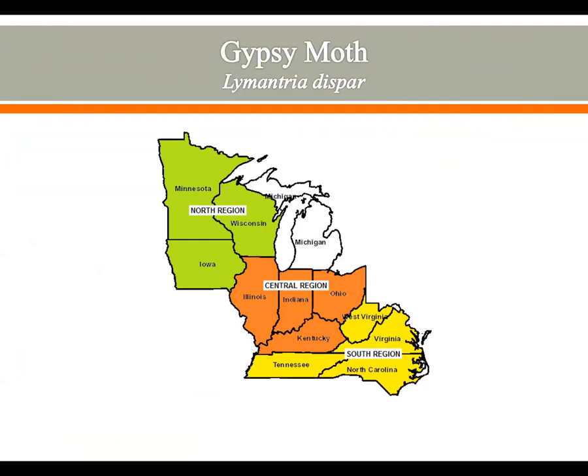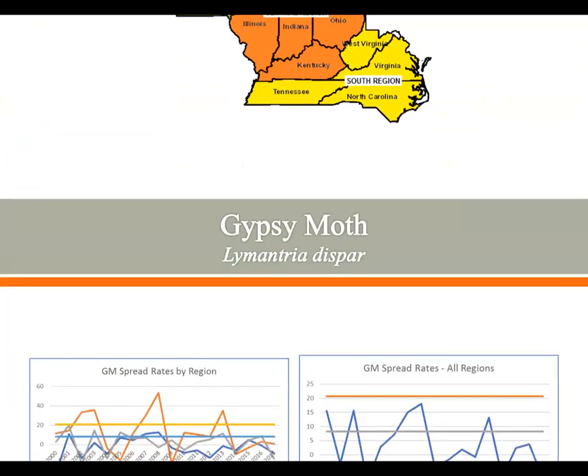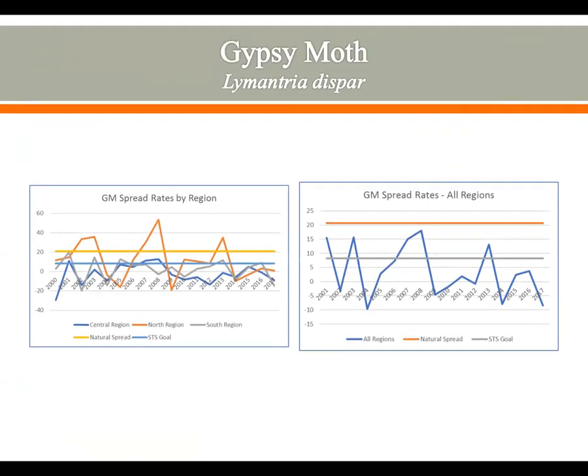Under the program, the states are divided into different regions, and the spread rates are evaluated in each one of those regions. We have the northern, central, and southern regions as part of the program. This is a diagram showing the spread rates. The one on the left shows all three regions.